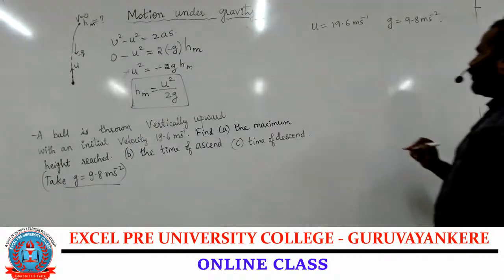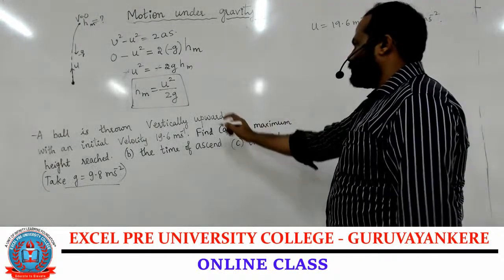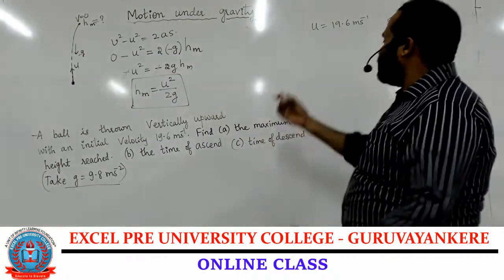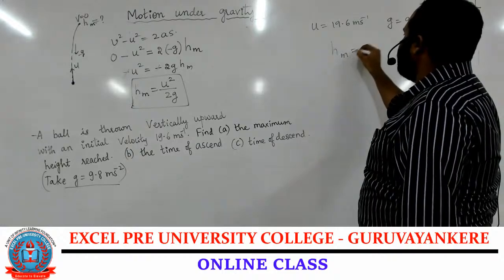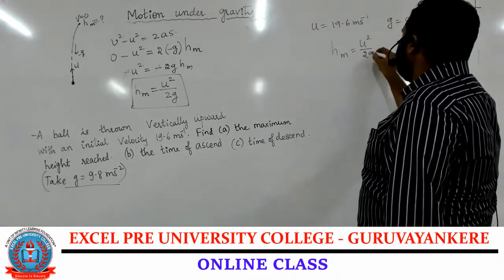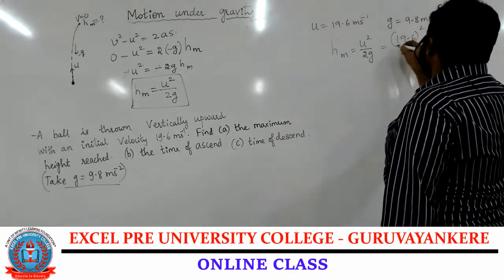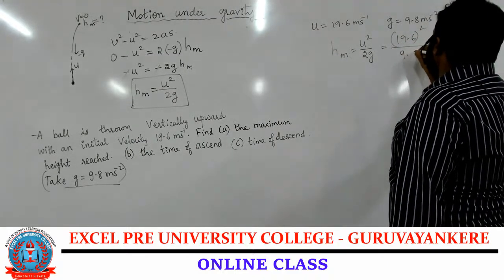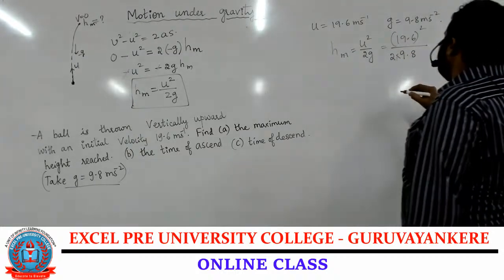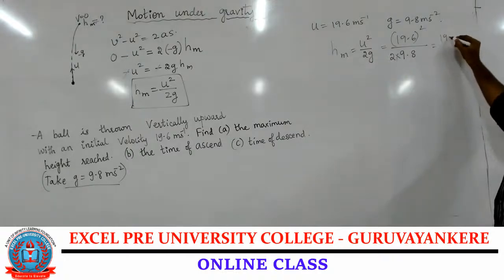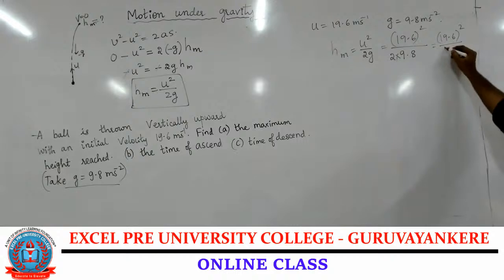Okay. Now, first question is maximum height reached. Formula is ready. It is ready to solve now. hm is equal to u square by 2g. u square is 19.6 square divided by 2g, that is 2 into 9.8, which also becomes 19.6.